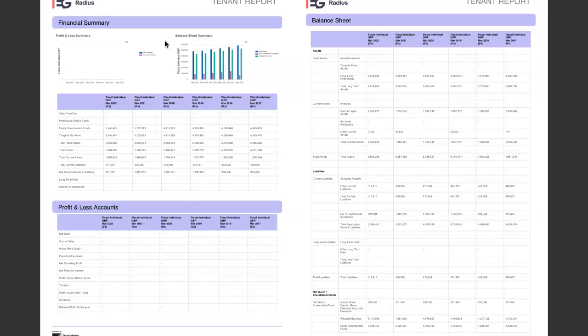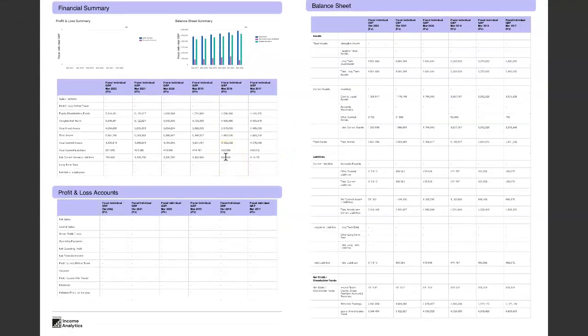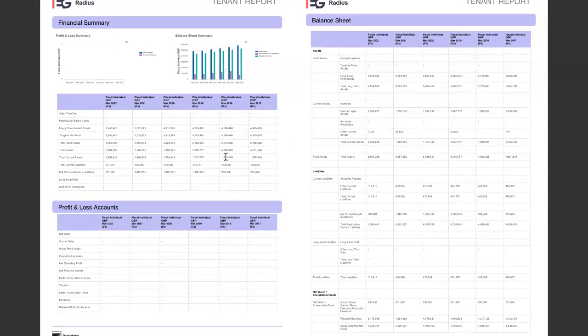There are about 15 commercial properties, so they're essentially as good as the reliability of the tenant. Without a reliable tenant in the property, the value is diminished. So EG have produced this financial summary report.